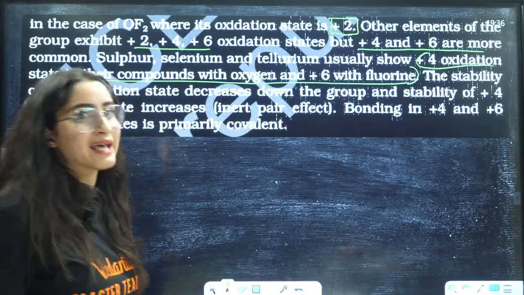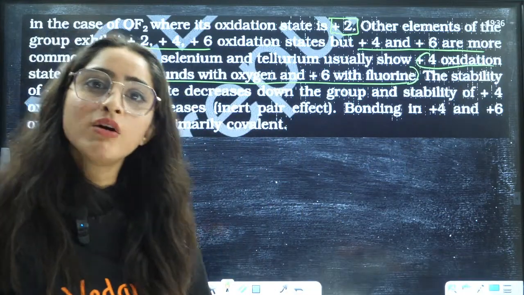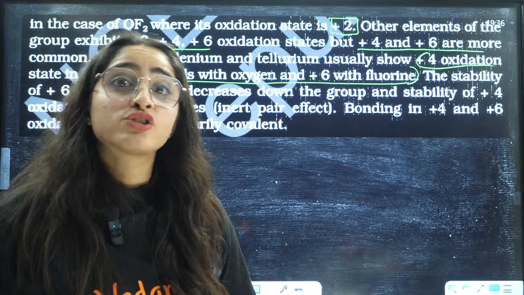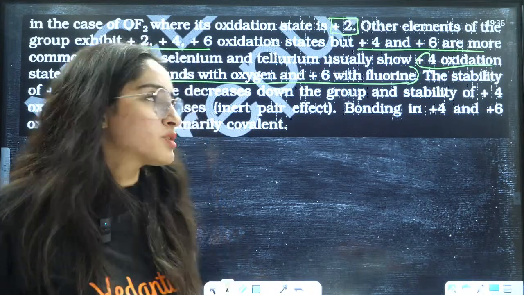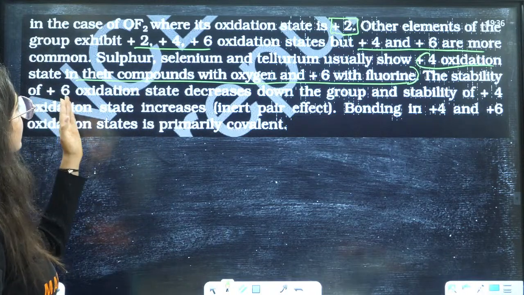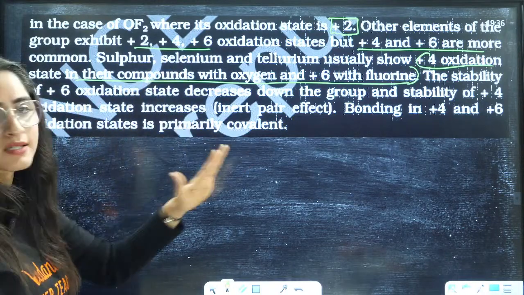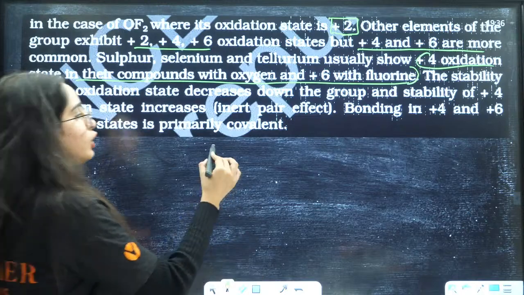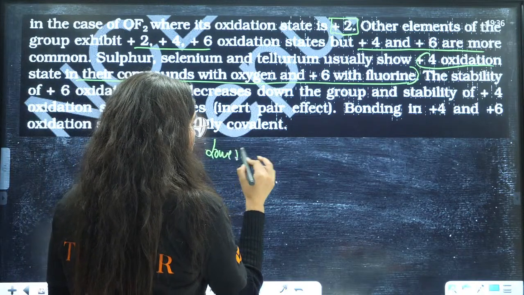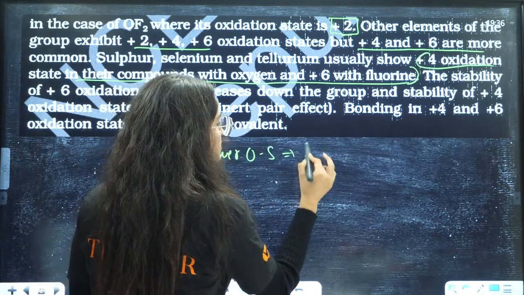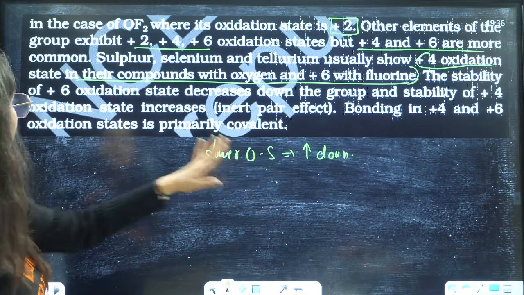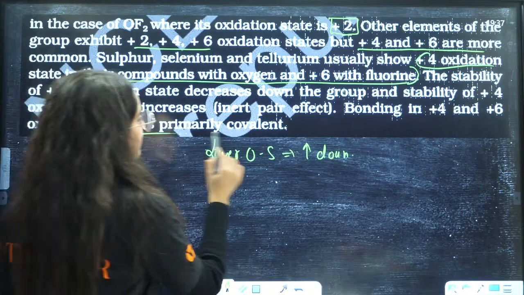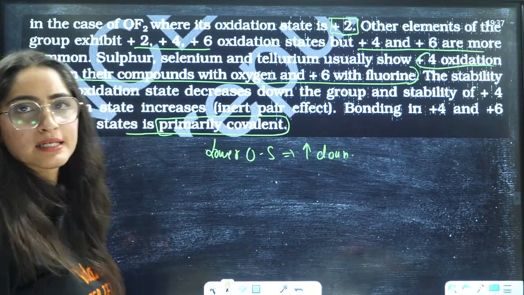For example, SF6, they will show +6 oxidation state. SO2, with oxygen, sulfur is showing +4 oxidation state. The stability of +6 oxidation state decreases down the group, because lower oxidation state stability increases down the group, right? Bonding in +4 and +6 oxidation state is primarily covalent, right?